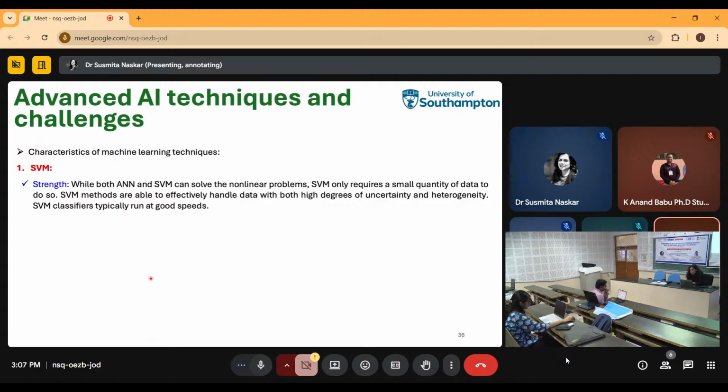Okay. So first let's see their strengths, and following that we will see some of the weaknesses. The strength of the SVM is its efficiency with smaller data sets. Unlike some other algorithms, like the artificial neural network, ANN, SVM does not require a large amount of data to start producing meaningful results. So even with a very small data set, you can still work with SVM.